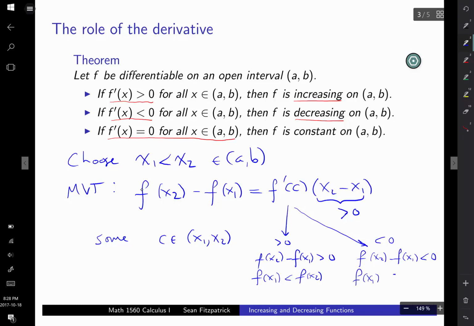So f of x1 is now bigger than f of x2. And so then we're dealing with a decreasing function, right? So in this case, we're increasing. In this case, we're decreasing. And of course, if the derivative is 0, then f of x1 is equal to f of x2, and we've got a constant function. We're in that scenario that we discussed in the previous video.